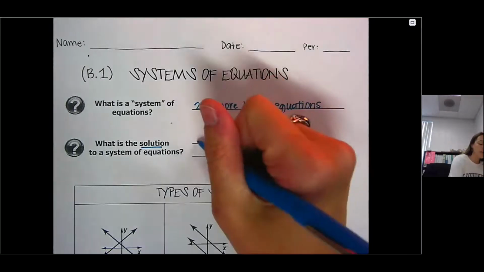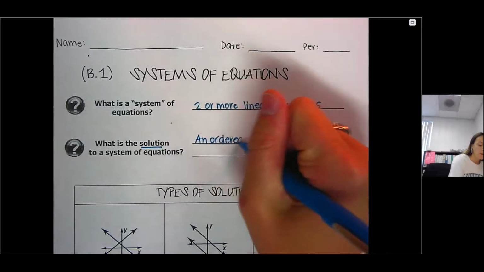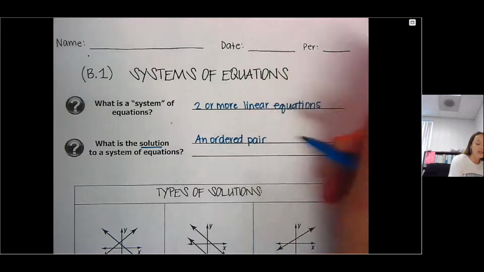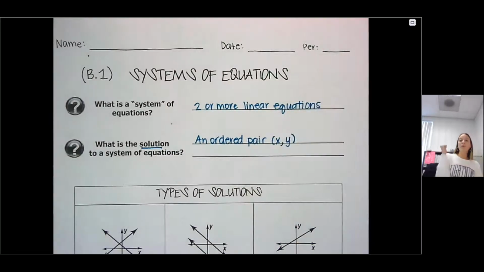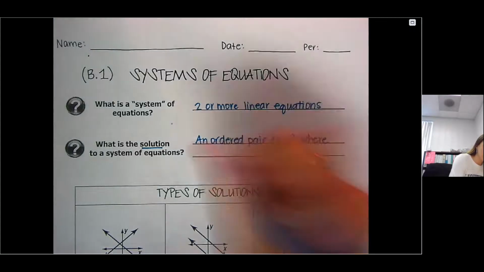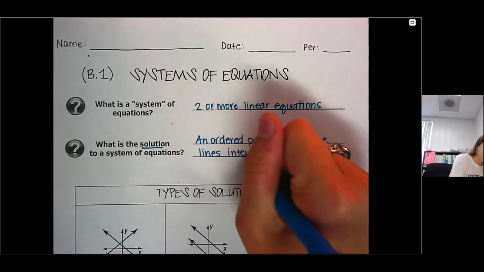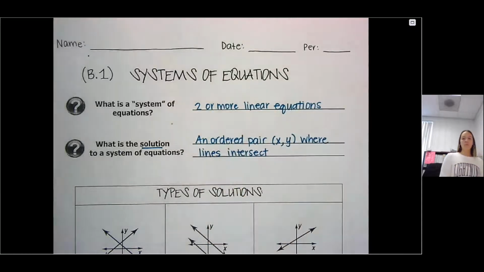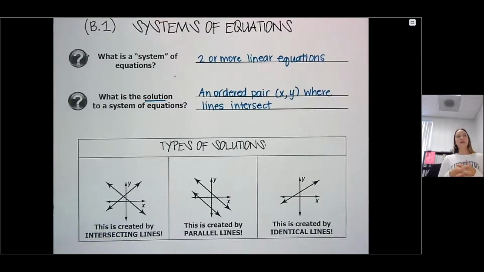So it's an ordered pair, an XY coordinate. It's going to be one point, and it's where your lines intersect. An ordered pair where my lines intersect.